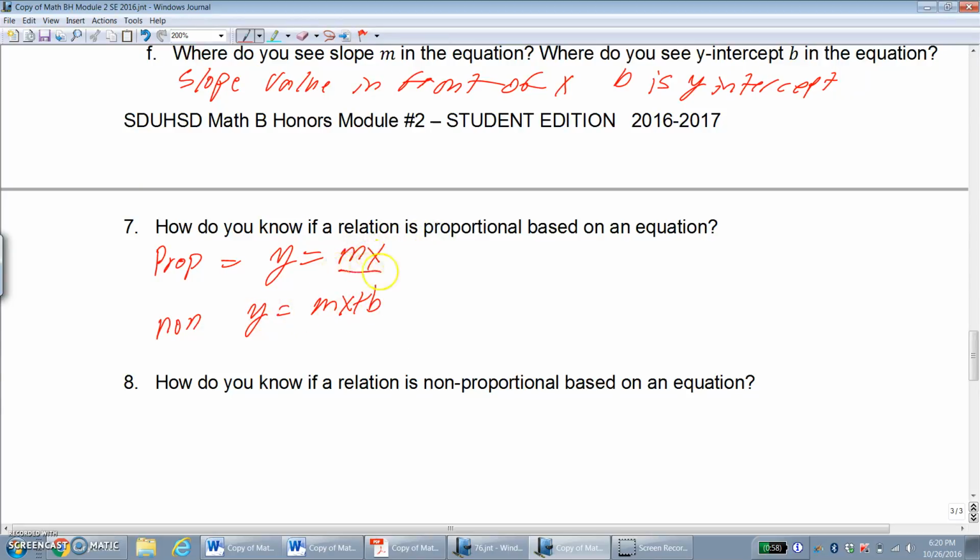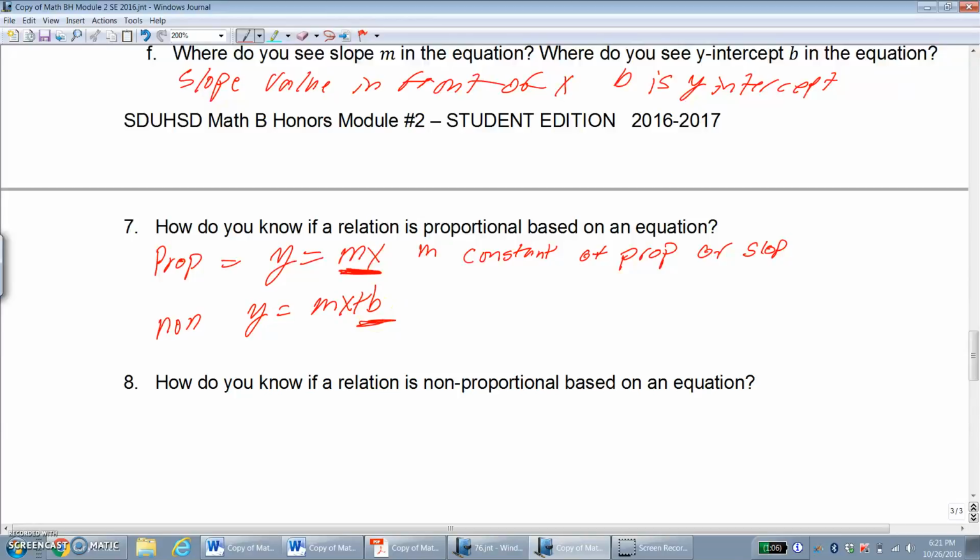So remember, proportional, it's only solved through multiplication, and the relationship would be proportional. Because remember, this m is a constant of proportionality, or we just call it slope, where this plus b here messes everything up.